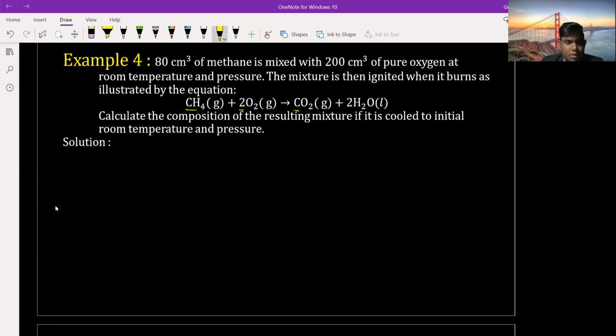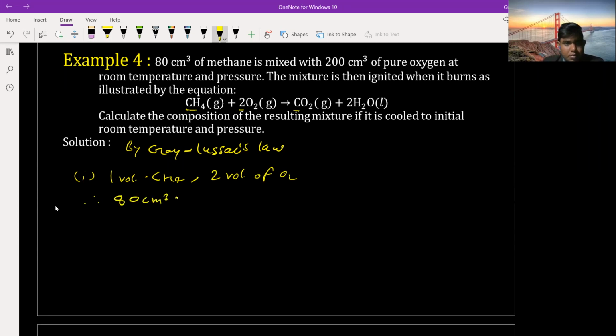Okay, using Gay-Lussac law, 1 volume of methane requires 2 volume of oxygen.